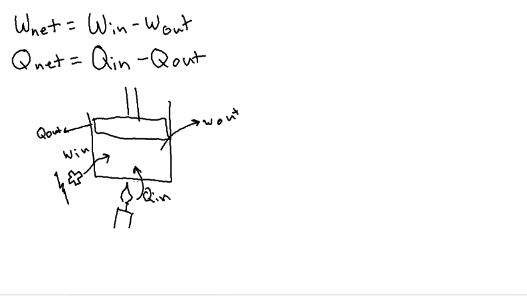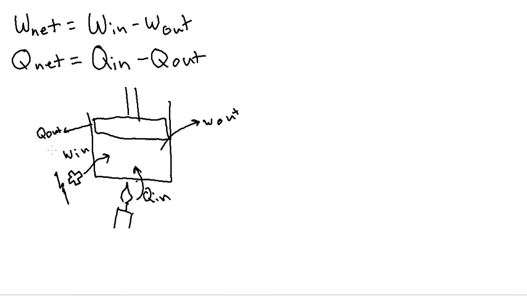I'm trying to remember it. Yeah, when we did that problem with the pump, we had to find out how much heat would be produced by friction. That was the Q out. That was negative, because heat is just weird.